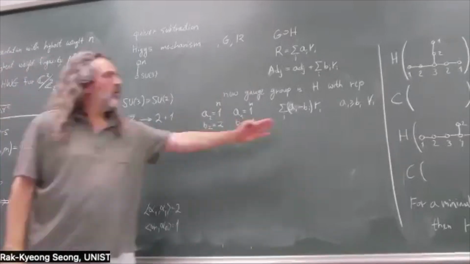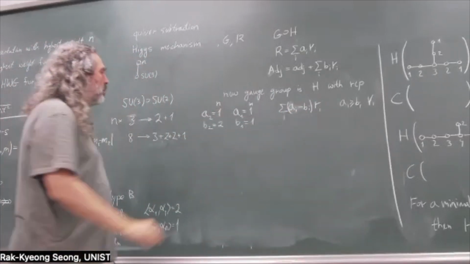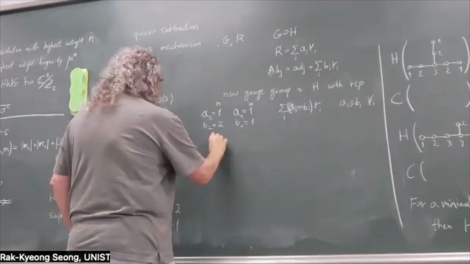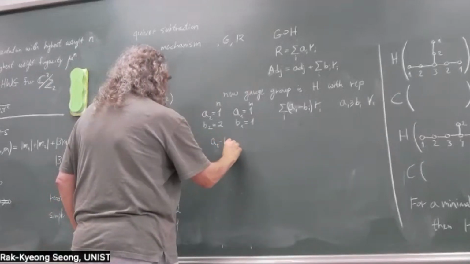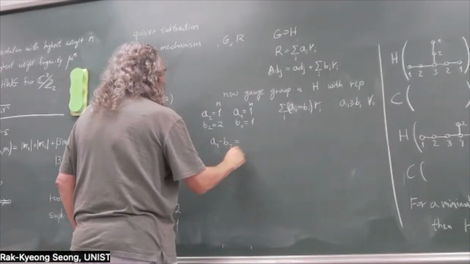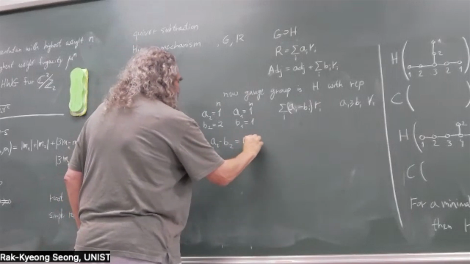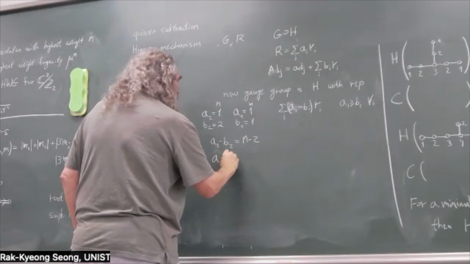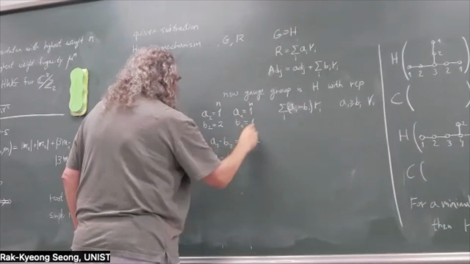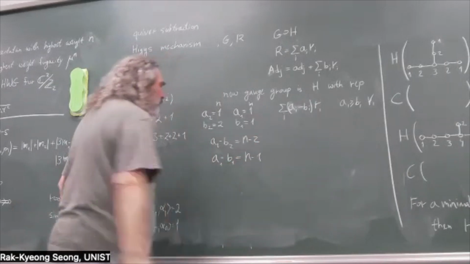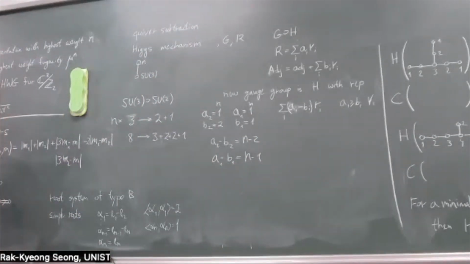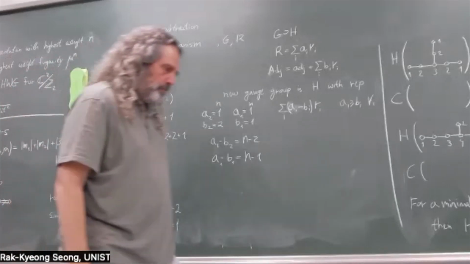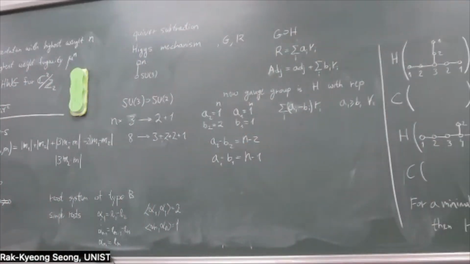And now the condition is A2 minus B2 is n minus 2, and A1 minus B1 is n minus 1.